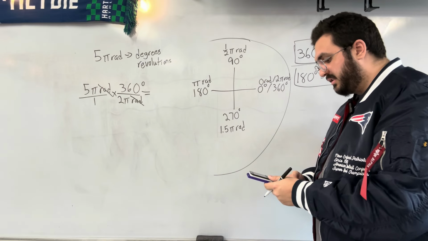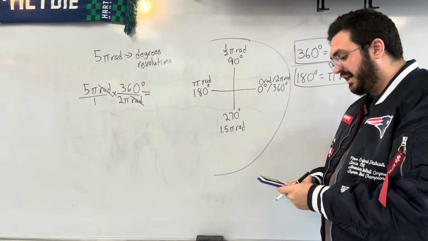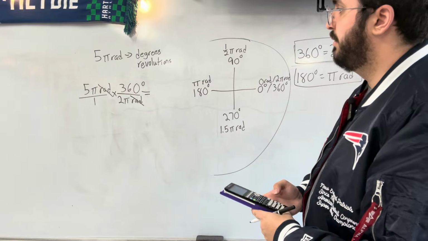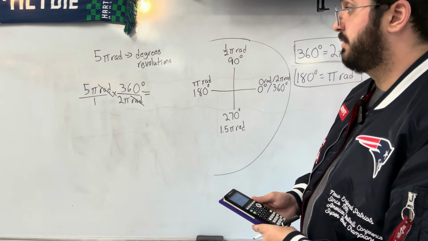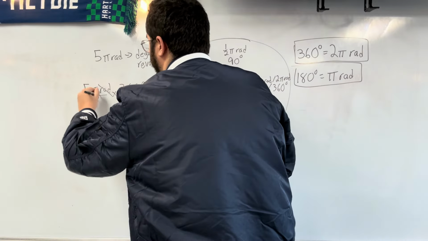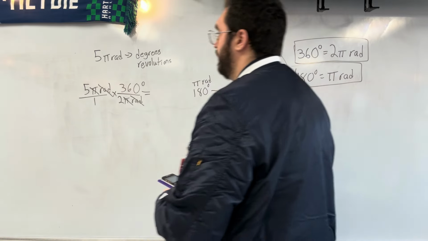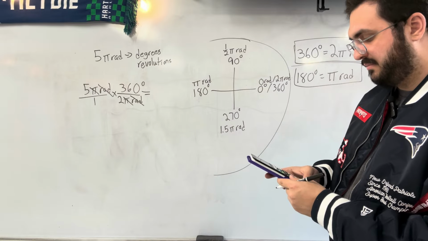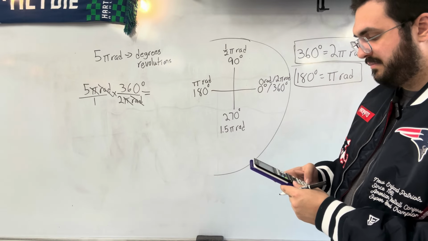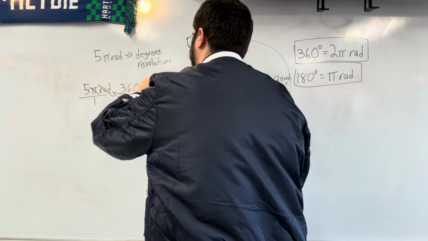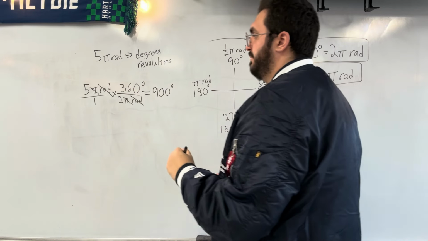Right, so it should be equal to 360 times 2.5, which is 900. So we want to make sure that we're doing this right in our calculator, right? Since I have pi on top and on bottom, I can actually just get rid of it. They cancel out. So 5 times 360 divided by 2 comes out to be 900 degrees. Awesome.